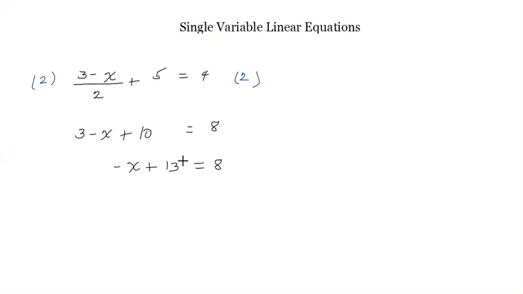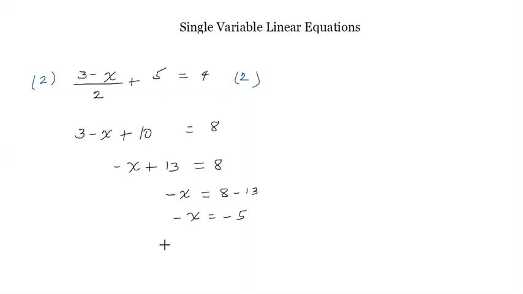Now I'm going to transpose this 13. So I'll have minus x is equal to 8 minus 13. And so minus x is equal to minus 5. 8 minus 13 is minus 5.